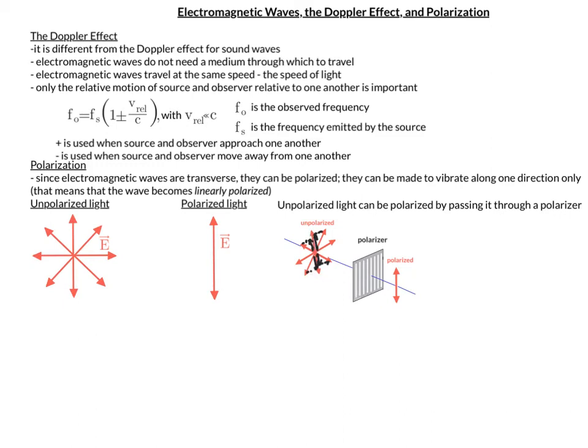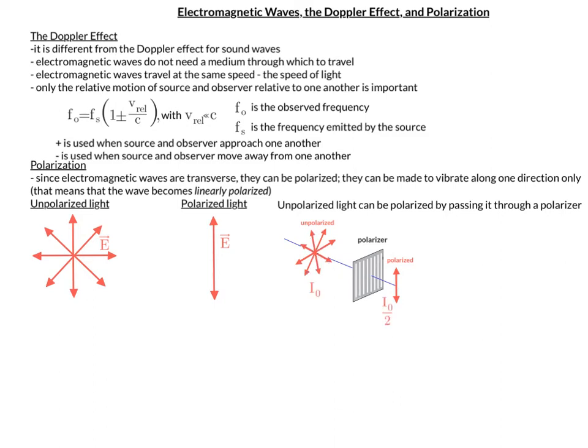So some of this light will pass through. The only one that doesn't is the one that is in this direction, because a horizontal vector does not have a vertical component. So that will not pass through, but all of the other orientations will have a component in the direction of this polarizer. So then some of the light passes through.